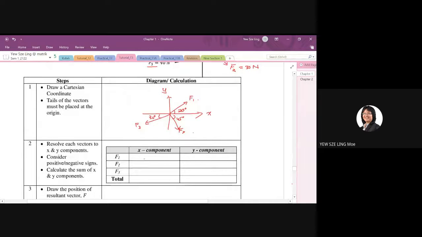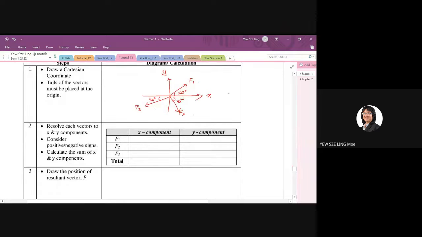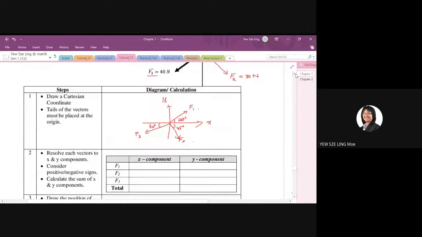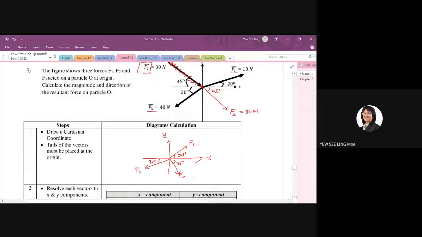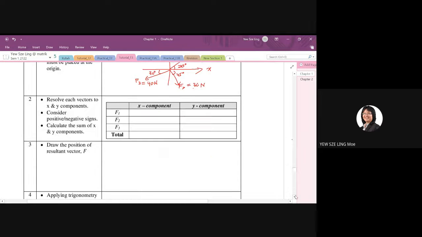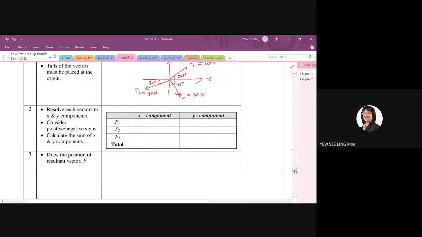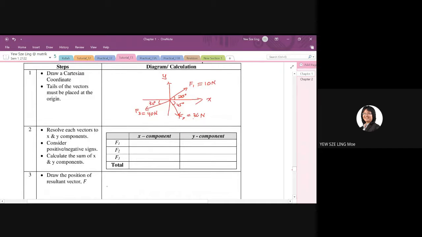So now I give you 2 minutes to complete this table. See whether you still remember how to resolve the vector or not. All right, so I give you 2 minutes. This is your 10 Newton. This is 30 Newton. And then this is 40 Newton. Okay, so you resolve it. I give you 2 minutes.